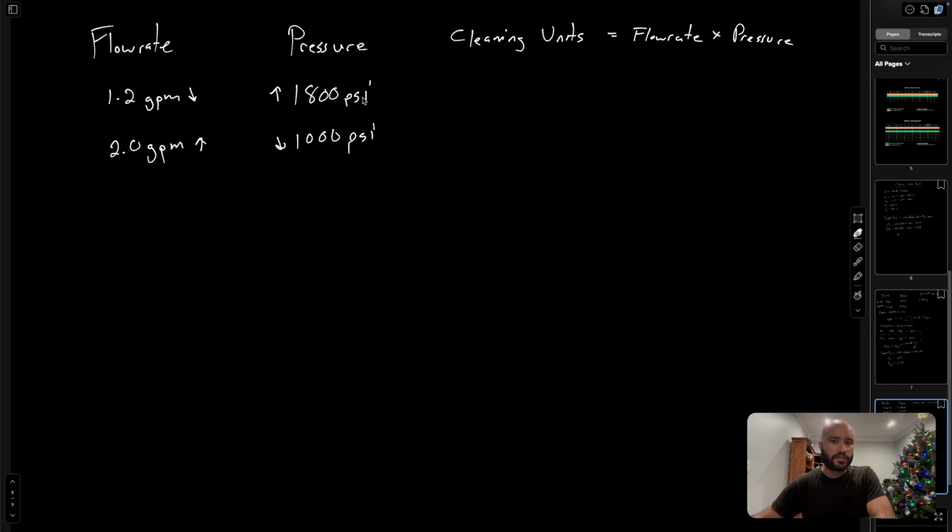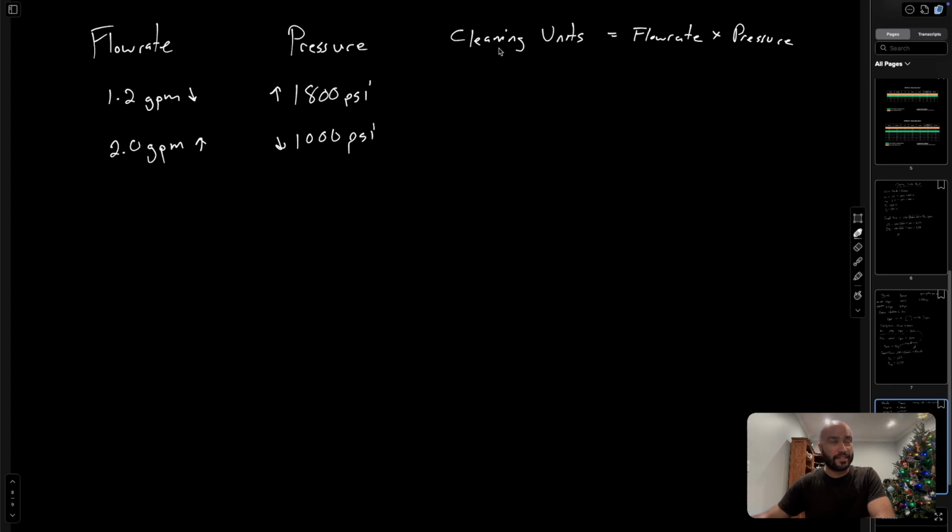The only way to get more flow rate is by reducing pressure. The only way to get more pressure is by reducing flow rate. They go hand in hand. And the reason they go hand in hand is because we have an amperage limit that we need to stay under. So it will make sense in a minute why that's so related, right?